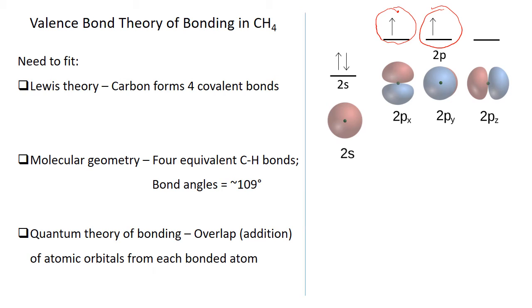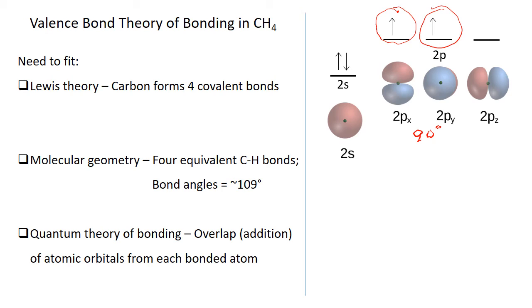And remember that these electrons, which are sitting in my diagram in the px and the py orbitals, are at a 90-degree angle to each other. So I would expect the 2 bonds that I would form with carbon to have a 90-degree bond angle. So obviously this particular picture of the quantum theory of carbon, of the free atom, isn't going to be able to describe what I see in CH4.